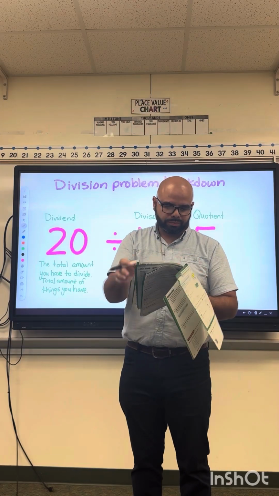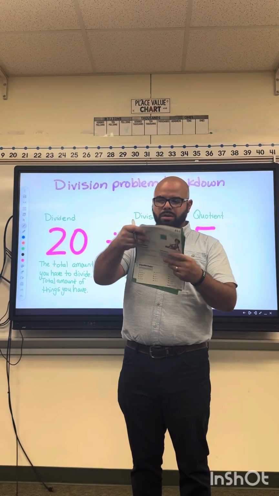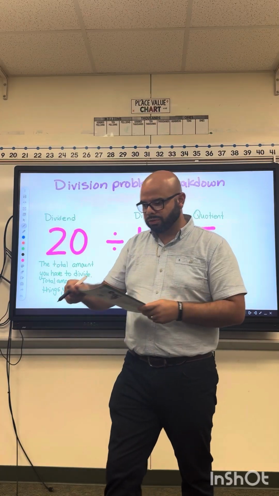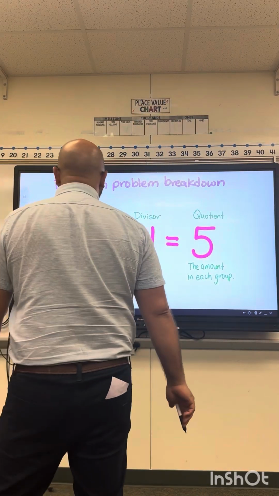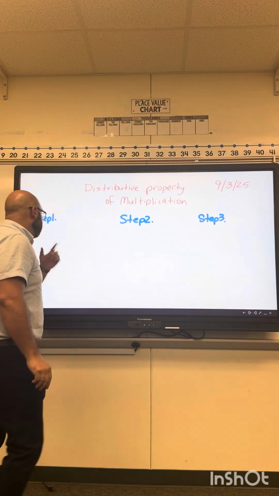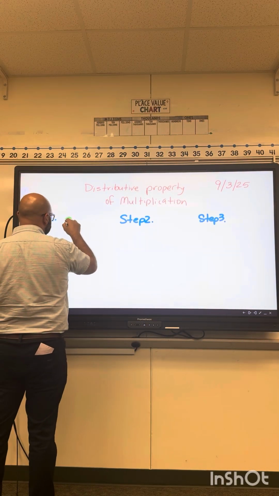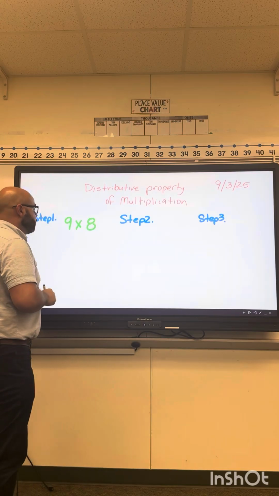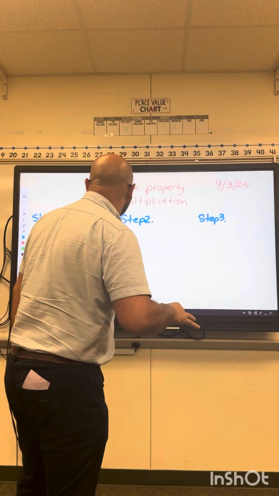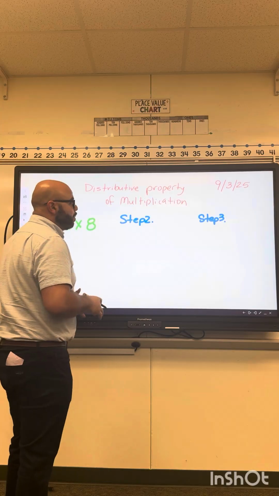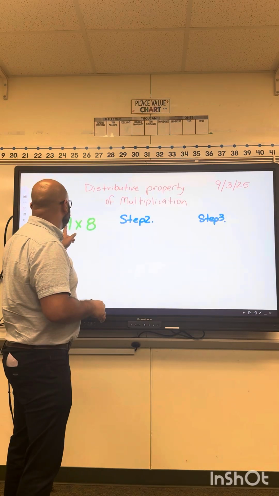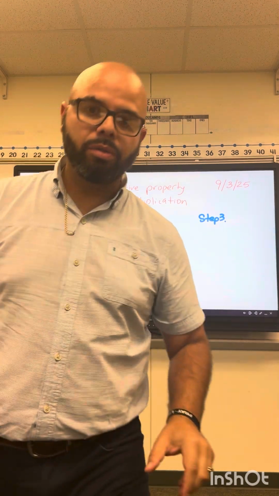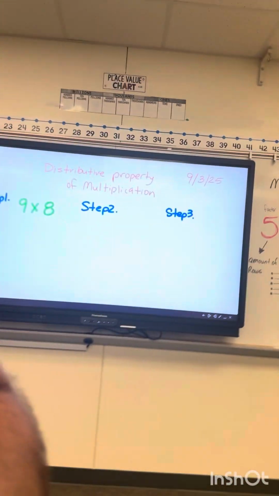another strategy of solving a multiplication. Let's say we have a problem, 9 times 8. The distributive property takes one of the factors, which is a vocabulary word. Let me just go over that now before I go into the distributive property.